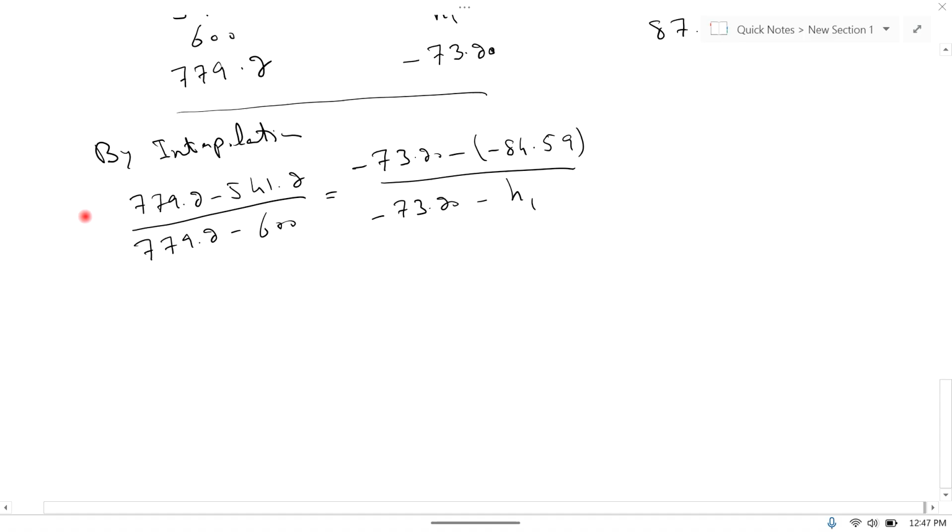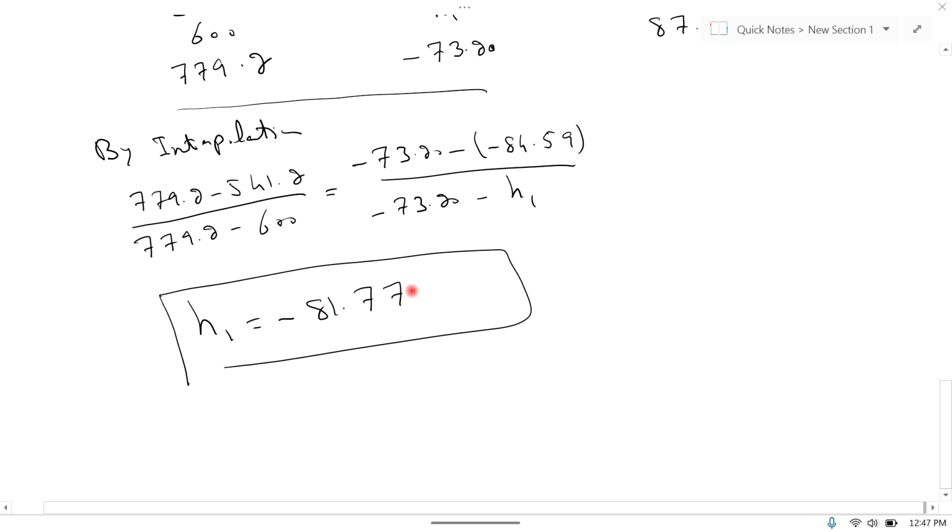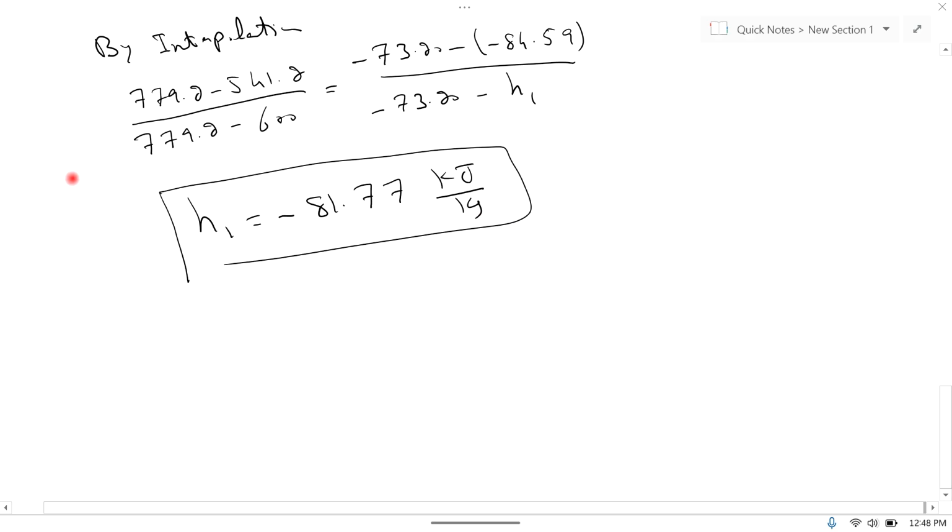So find H1 from this. So H1 is equal to minus 81.77 kilojoule per kg.